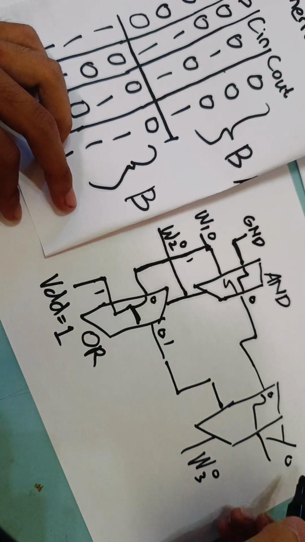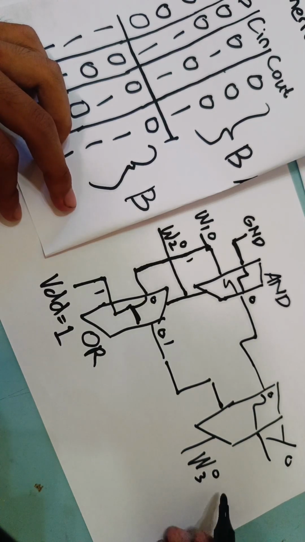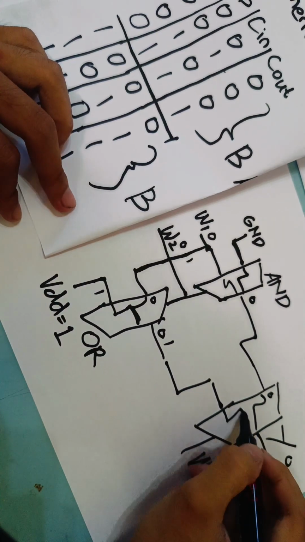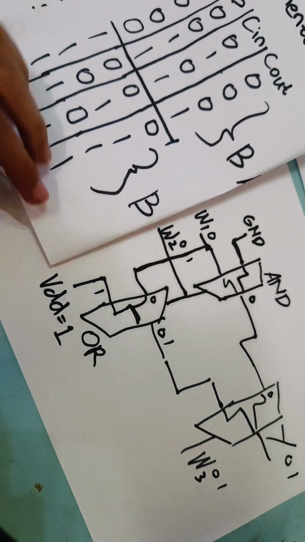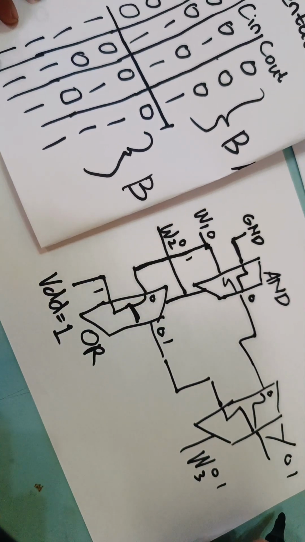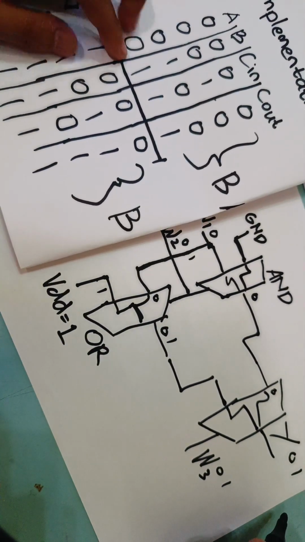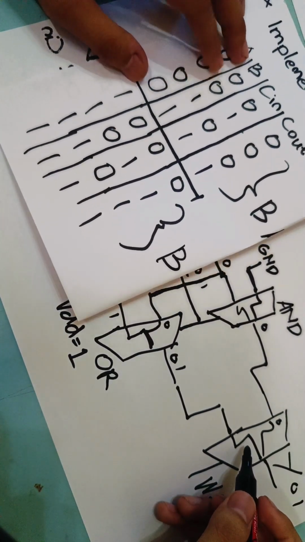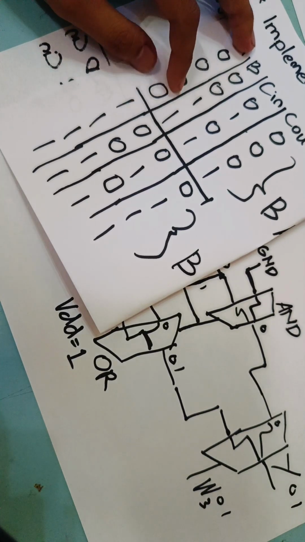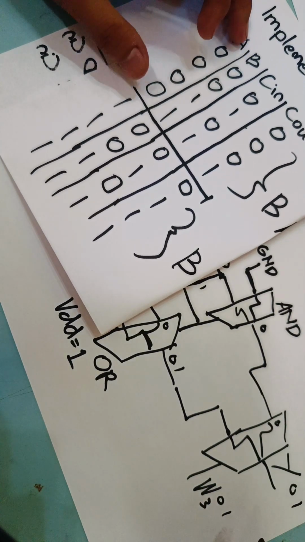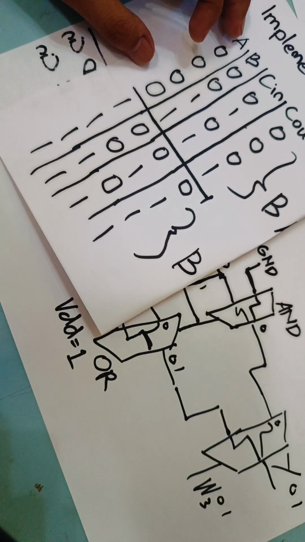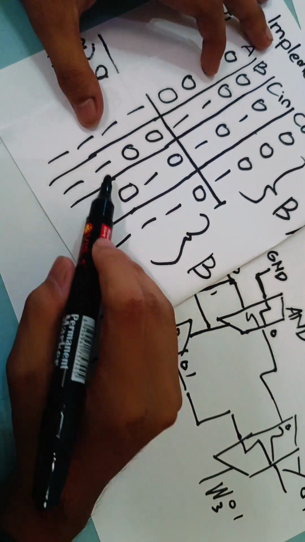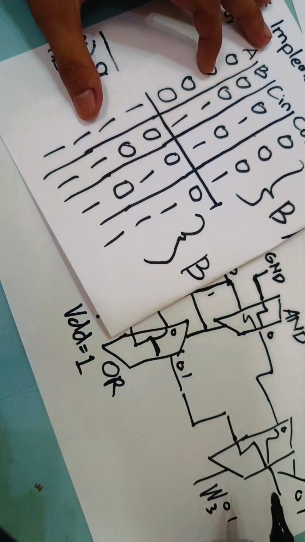The output will be 0. But if W3 is 1, it will choose this input, then the output will be 1. So that means if W2 is 1, that means B is 1, and then W3 is 1 as well, the output will be 1, just like this.